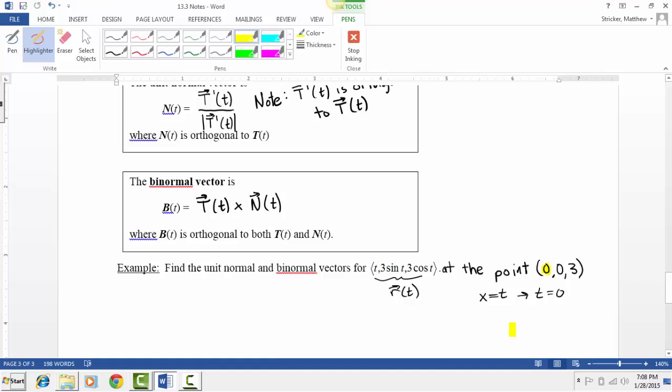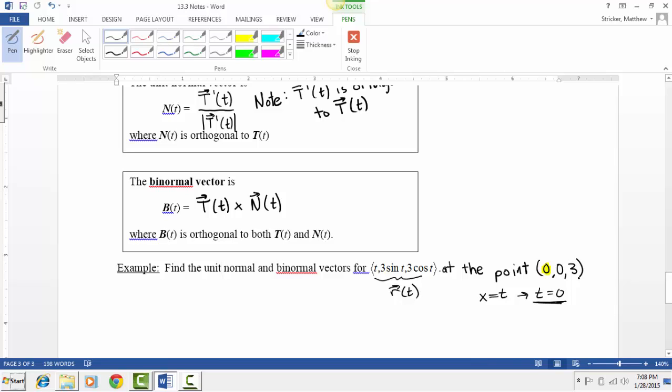You can verify that that works for the y and the z components. If you plug t equals 0 into 3 sine t, 3 times the sine of 0 is 0, and also 3 times the cosine of 0 is 3. So t equals 0 gives us the point 0, 0, 3.